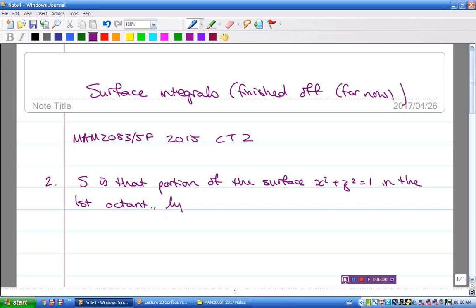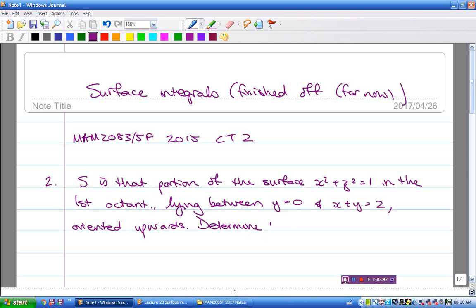Lying between and x plus y equals 2, oriented upwards. Determine the flux of v, so that's our velocity field, across S. If v equals 1 over x, y, 5. There we go. So that's a flux question.